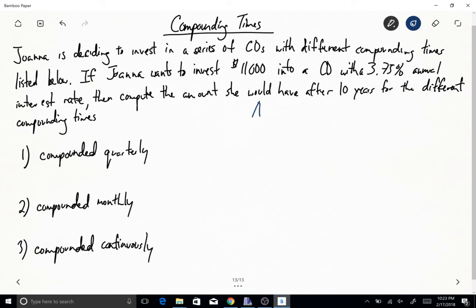So in general, most of them are compounding times like this. So A of t equals P times 1 plus r over n raised to the nt power.